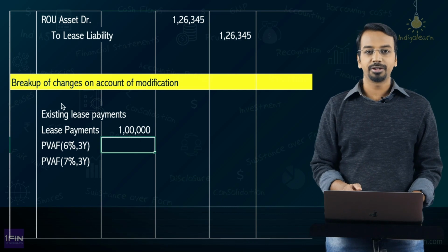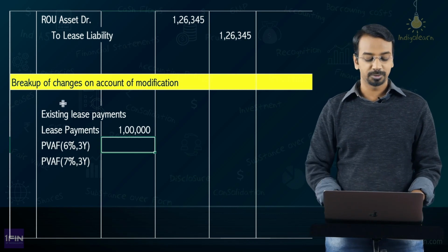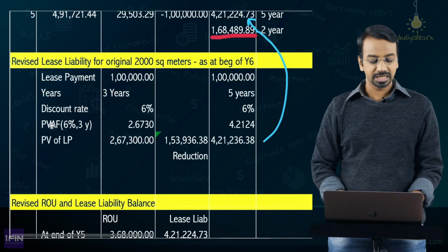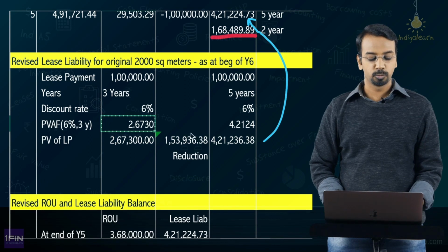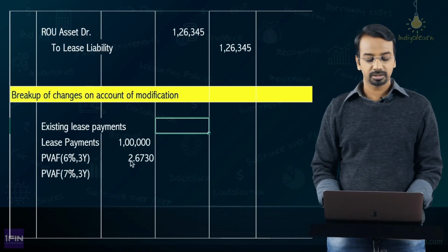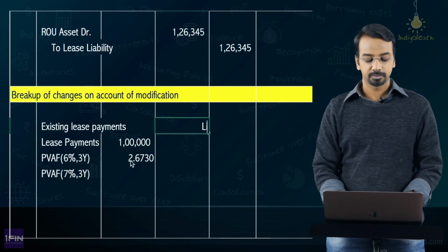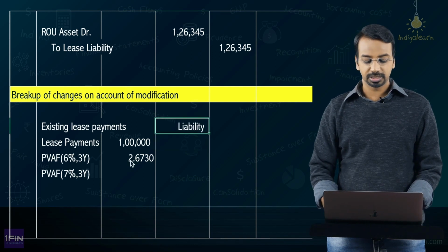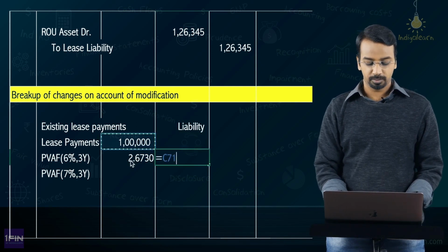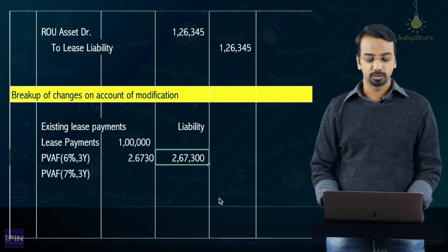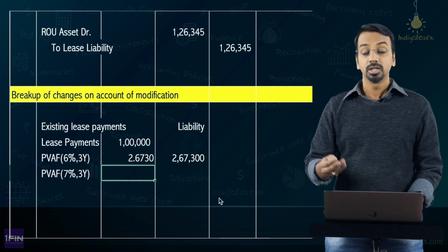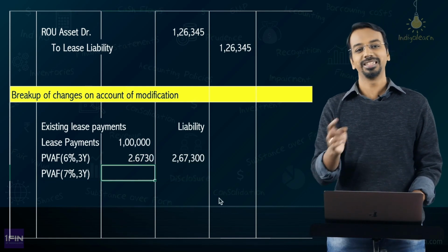What is the present value annuity factor considering 6% for 3 year period? We had already calculated, right? Present value annuity factor 6% for 3 years is 2.6730. Based on this, what will be the lease liability? 1 lakh multiplied by 2.6730, 267,300. Now, the discount rate has changed because there is a lease modification.